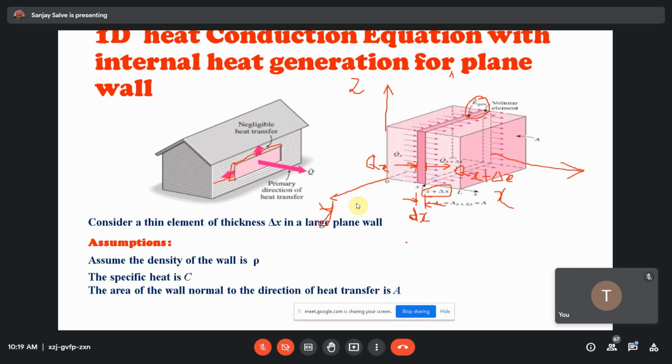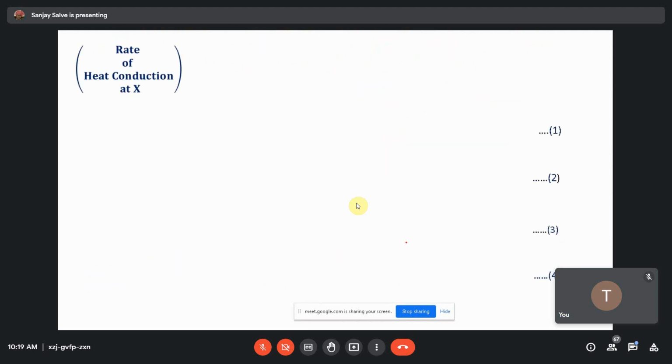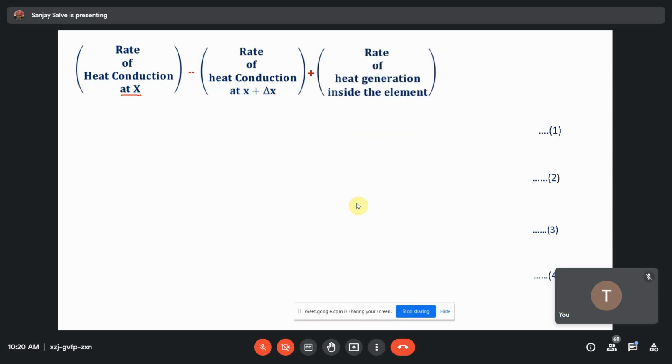So applying the steady flow energy equation at x, the rate of heat conduction at x minus the rate of heat conduction at x plus delta x, plus the rate of heat generation inside the element.